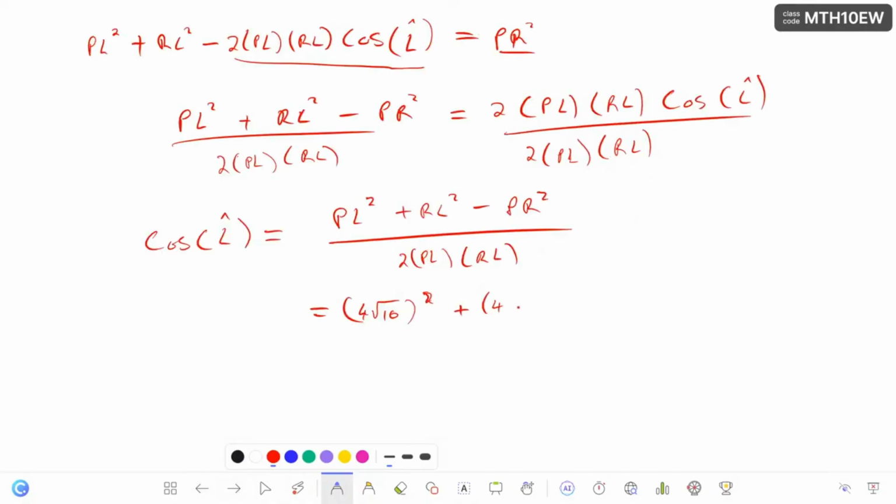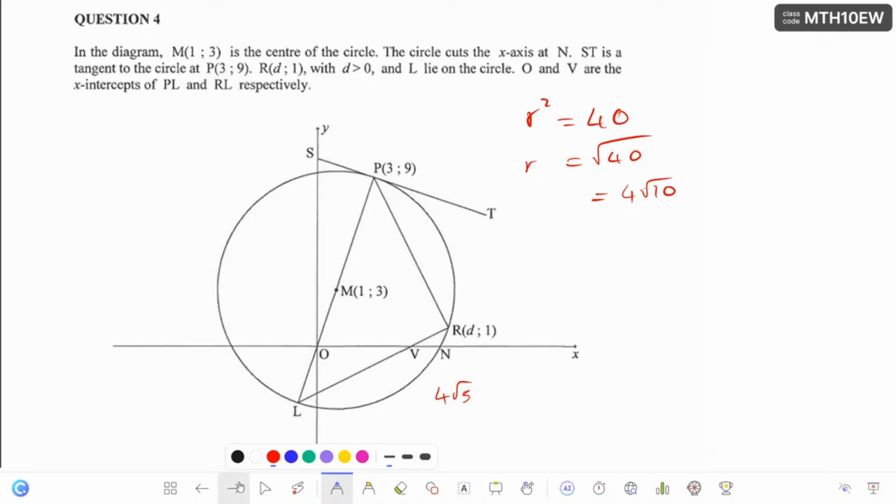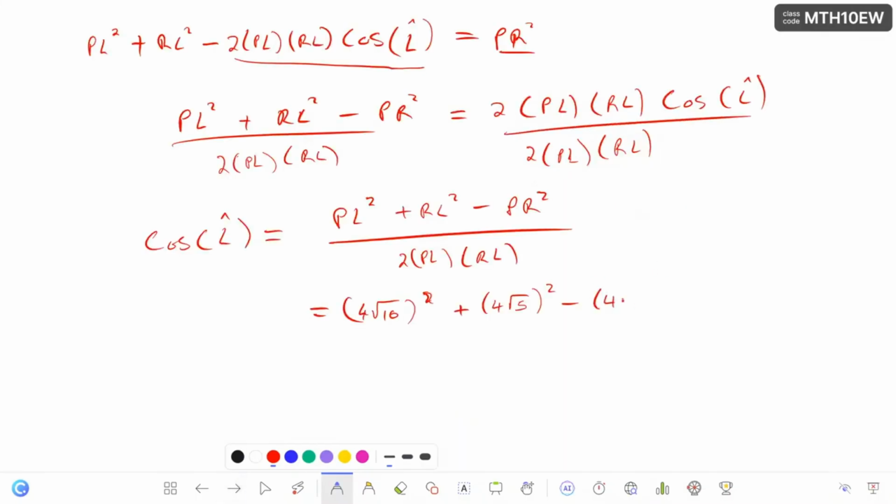So it's 4 over 5 squared minus. What about PR? PR, same thing, that's 4 over 5 squared divided by 2. And then PL is what? Is 4 over 10. No, not 4 over 10. 4 square root of 10 times what? This one is 4 square root of 5.